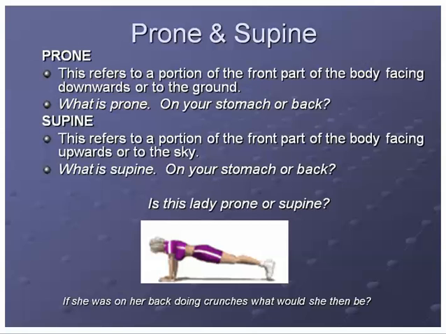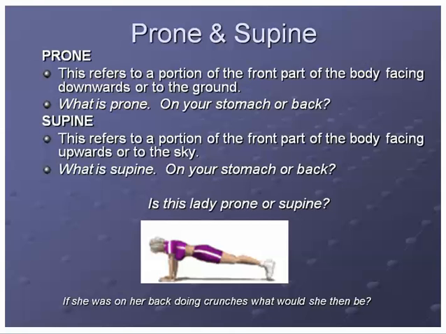So that's prone. If you think about doing a press up, like this lady here at the bottom, is she prone or supine? Is her chest facing the ground? Yes, it is. And basically, that means that she is in the prone position, facing down on her stomach.